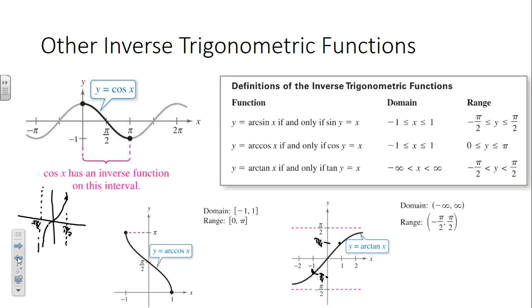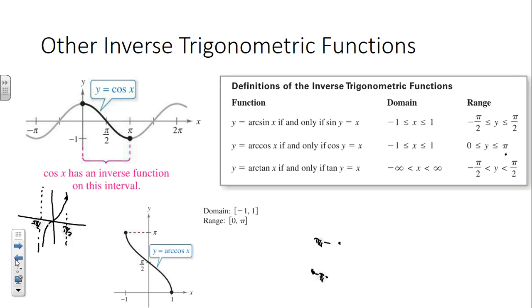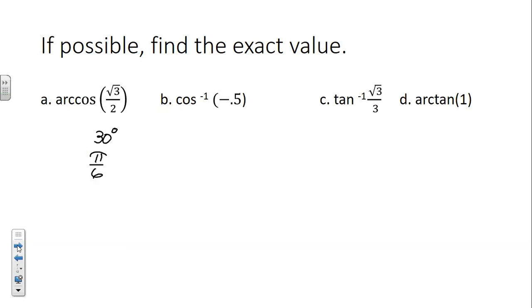First and second quadrant, right? Between 0 and pi. Okay? So because the cosine is restricted to the first and second quadrant, the second quadrant is where we're going to get our negative, aren't we? Okay? So which measure would it be for cosine 1/2?